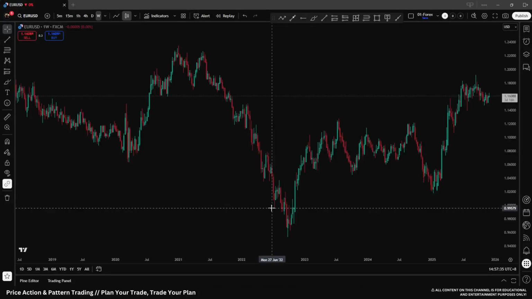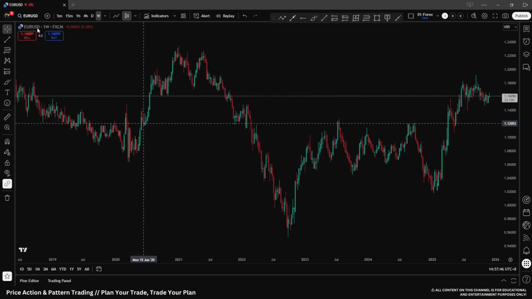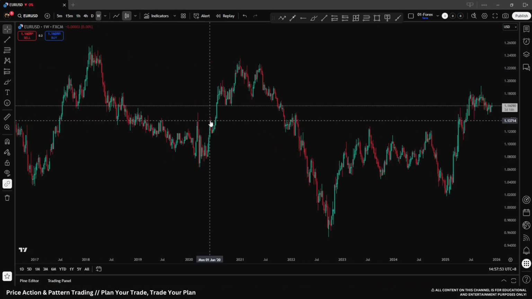So let's have a look at the chart. We were talking about the nature of price and that price is always moving within two phases, either in an impulsive or in a corrective phase. We are now here on the Euro-US dollar chart on the weekly time frame, and this is a blank chart.